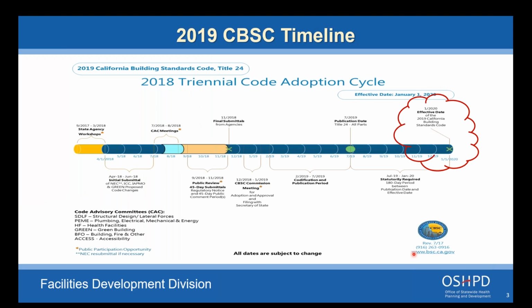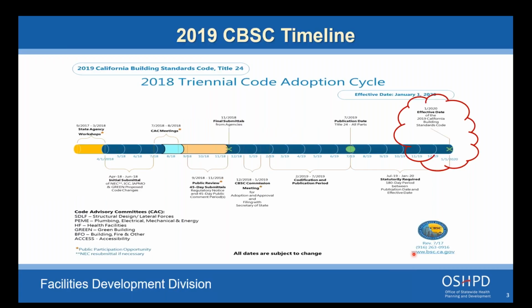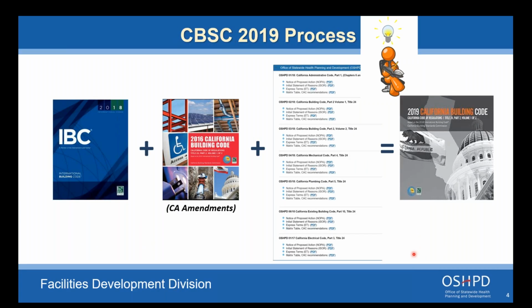Where we are in the code adoption cycle: in January of this year, the 2019 code came into effect, and that's what we'll be talking about today. Just a little background on how we put the codes together: we basically start with the International Building Code.